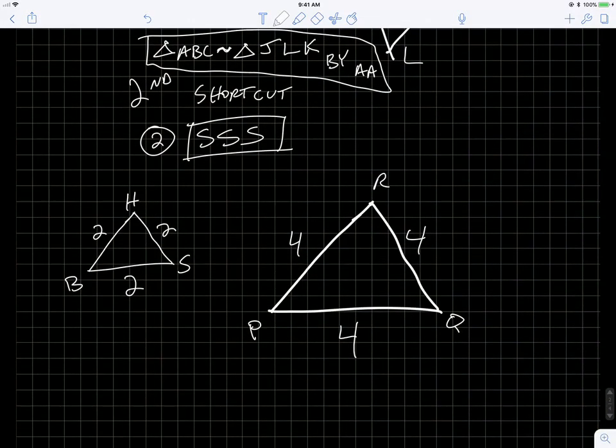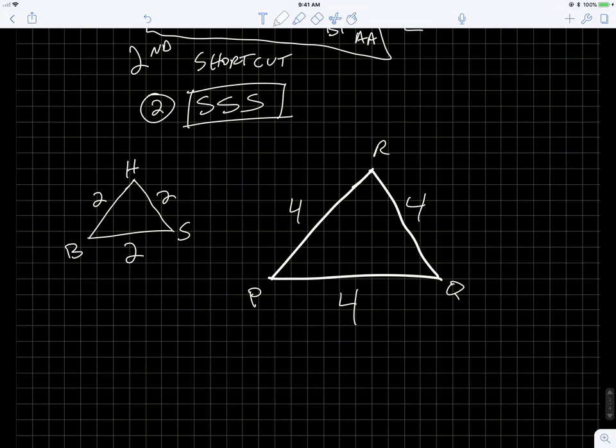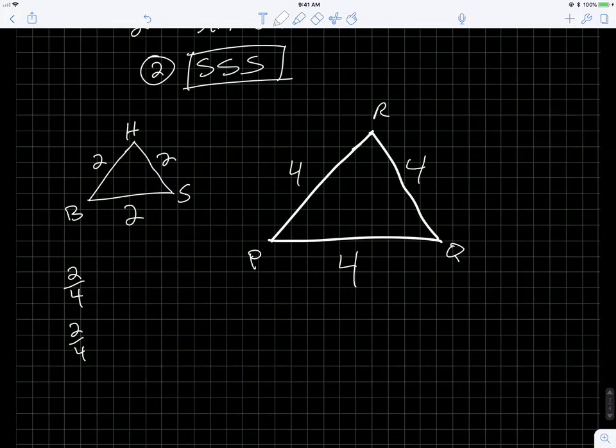The second shortcut would be called side. This is going to be if the sides are in proportion, remember, not congruent, because clearly these triangles are not the same size. So the sides are not going to be congruent, but they have to be in proportion. So we have to check. We have to make the ratios for all three sides. If I make those ratios, they're clearly all in proportion because they're the same fraction already. But if I reduce them, because that's what we're supposed to do, they come out the same.